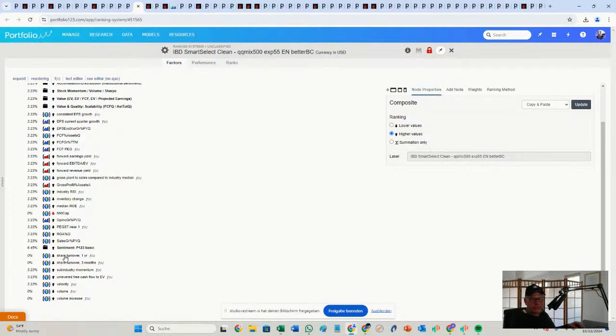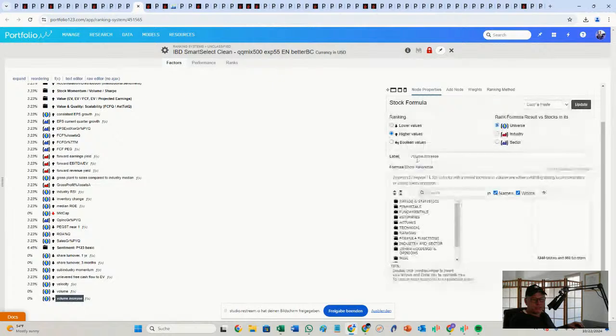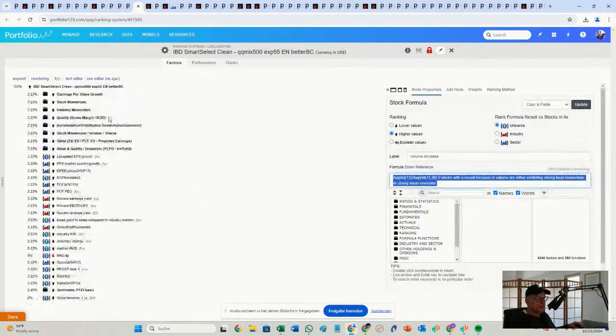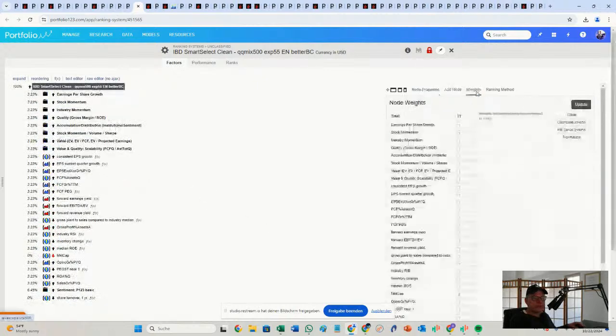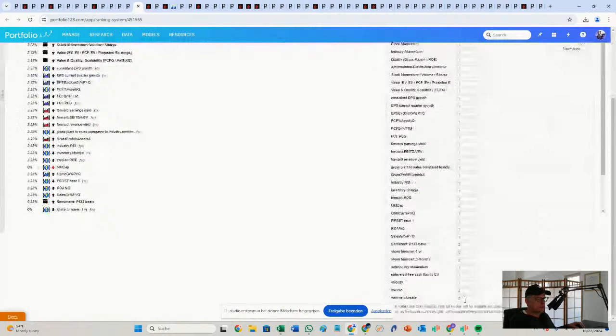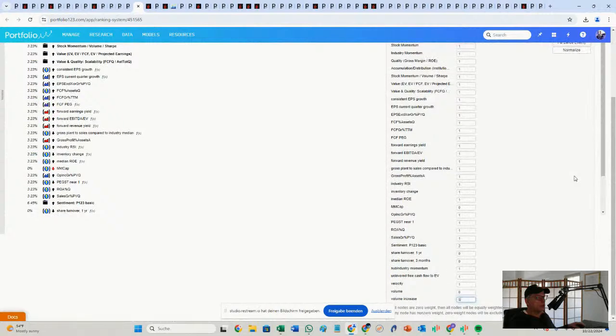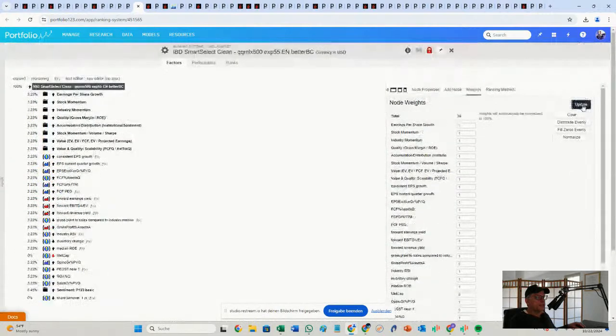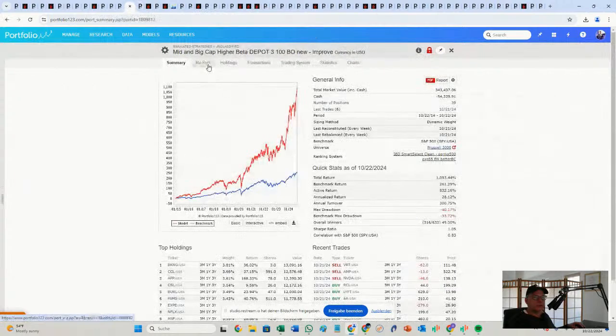I nullified that one. But by chance or by mistake, I nullified that one too. But that's what I want, right? I want to have a recent volume increase, and that's the reason why we put that on 5 here. Okay. It's updated, and now that ranking system is updated, and I run it again, right?